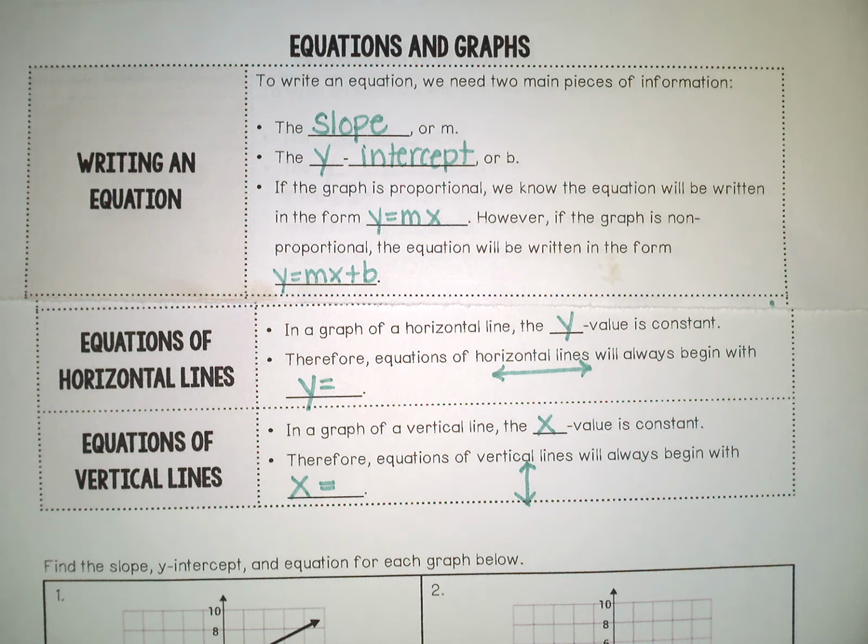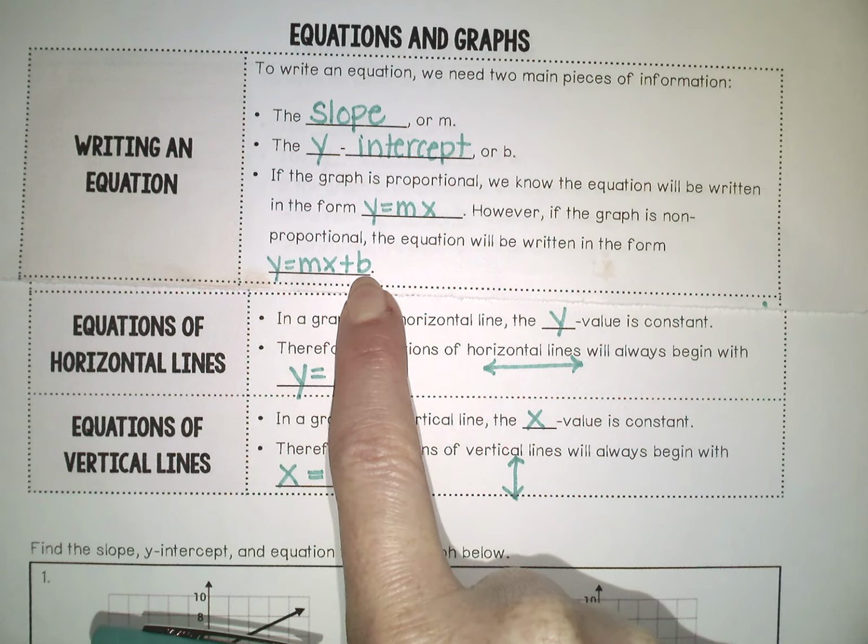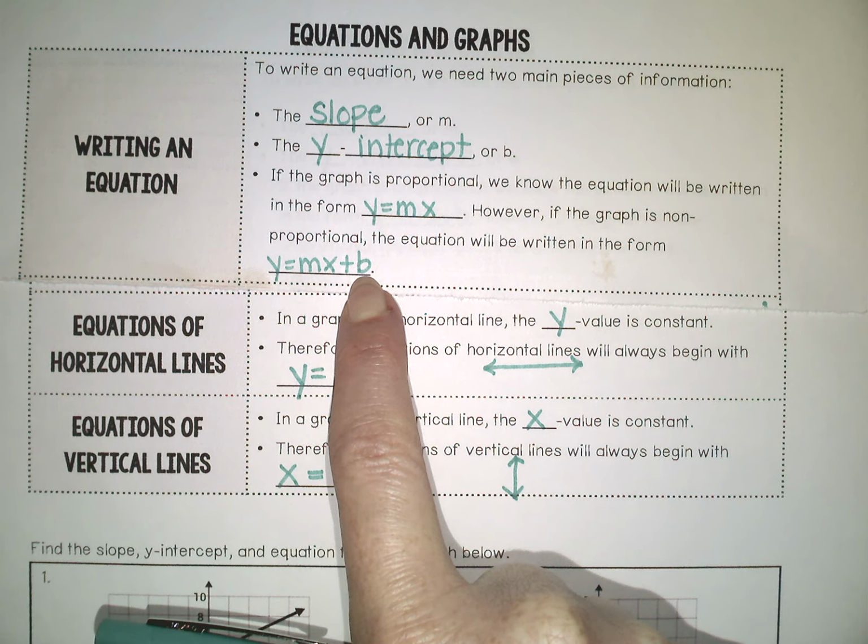However, if the graph is not proportional, the equation will be written in the form y = mx + b, because it will not pass through the origin. It will pass through a different number on the y-axis.